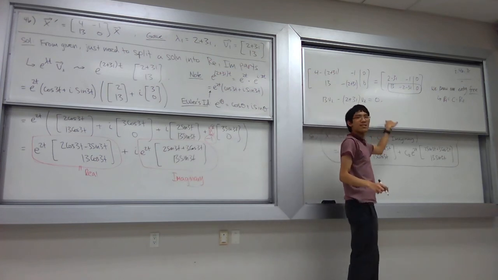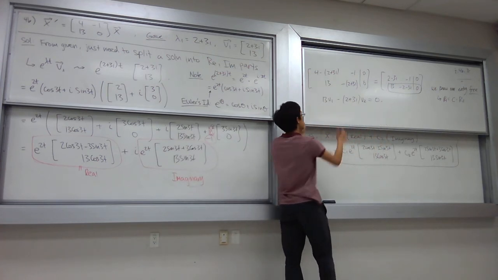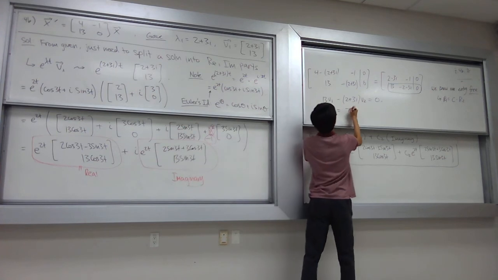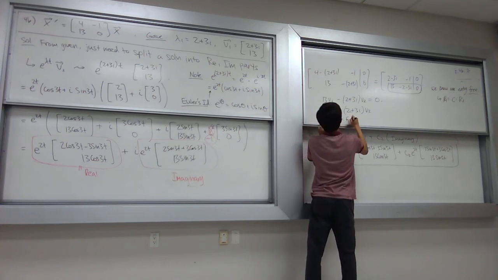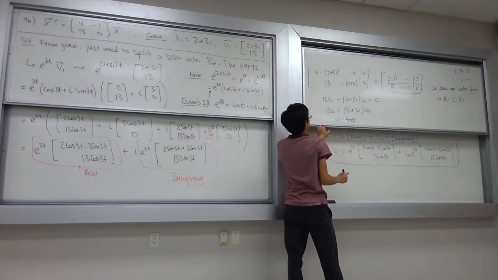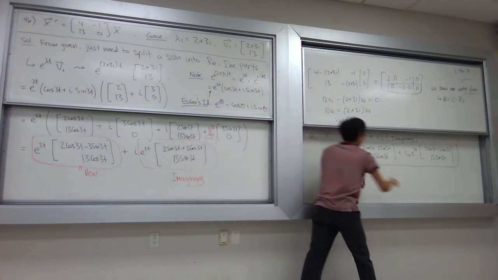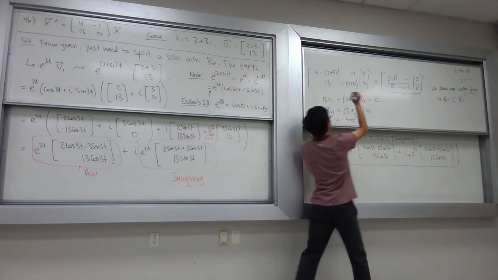We always move the imaginary one over and then set that one free. So 13 V1 equals (2 plus 3i) V2. V2 equals free. Probably divide by the 13. Divide this by 13.